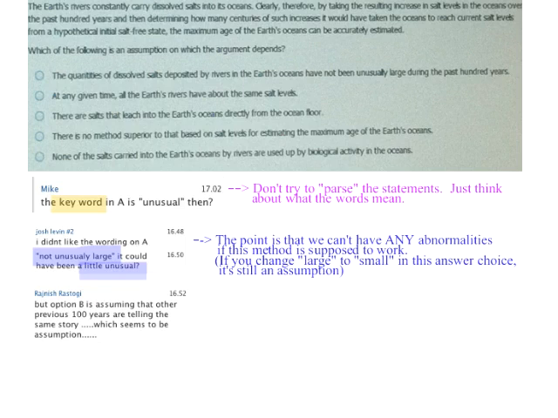If that were what option B said, then yes, it would be an assumption, but that's not what option B says. First of all, it doesn't make any difference because we're talking about salt levels in rivers and not the oceans. That's one issue here.